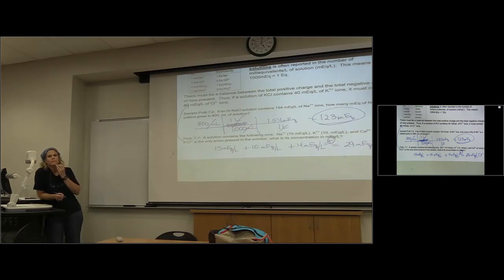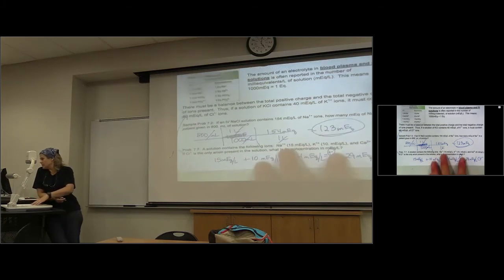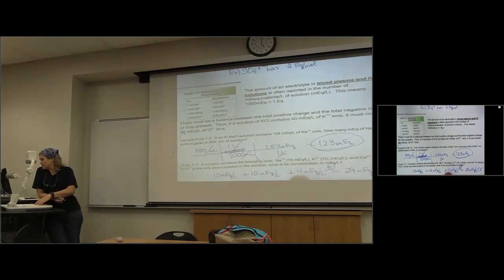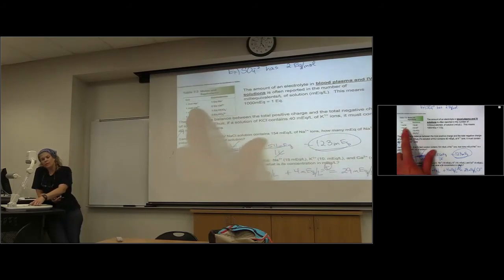Question, go ahead. Could you repeat what you're getting for 154 milliequivalents of Na? I thought it was just the charge. No. If the charge, okay, let's go back up to this. If we are straight up just talking about an entire mole of sodium, so we're talking about 22.99 grams of sodium, then we say we have a whole equivalent of sodium.